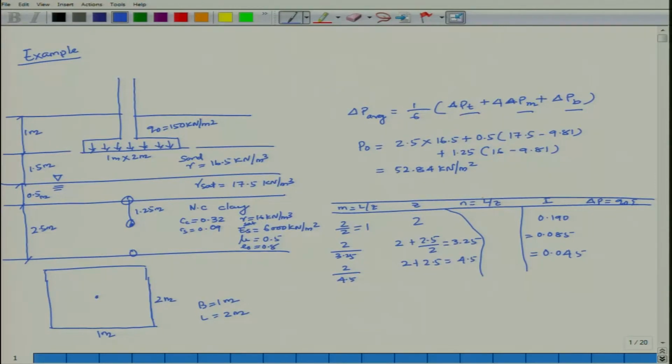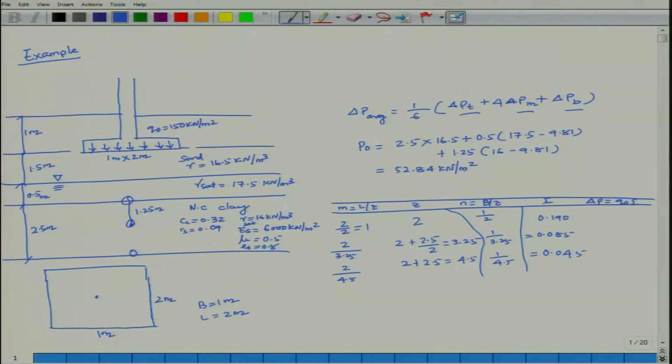N is equal to not L by Z, this is your B by Z. B is equal to 1, so 1 by 2, 1 by 3.25, then here 1 by 4.5. This is what you are supposed to calculate.